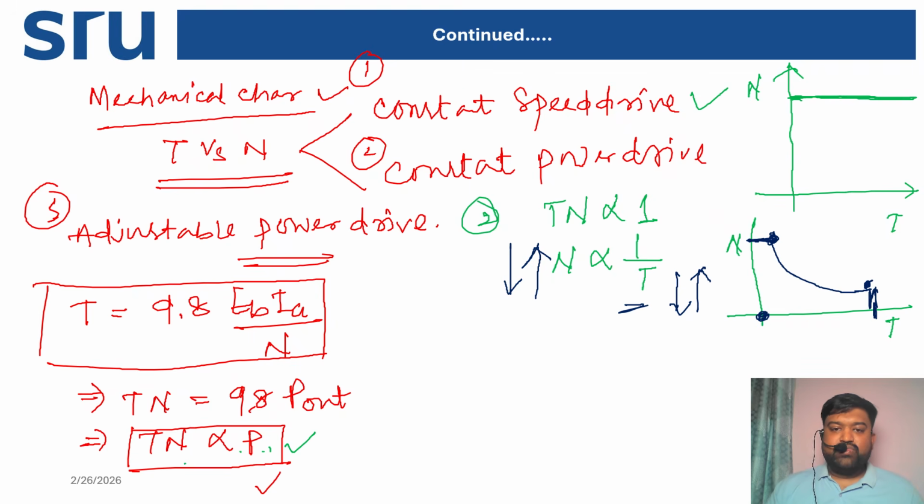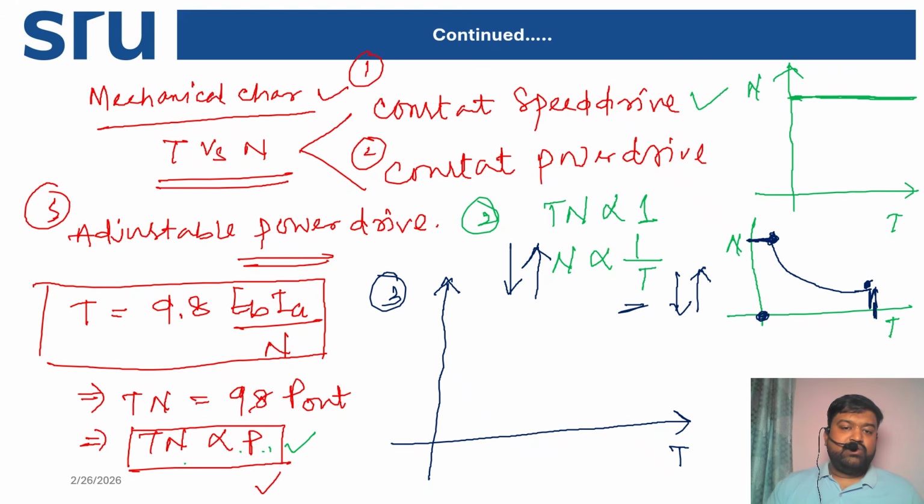Third point, we will do the adjustable power drive. In adjustable power drive, there are two conditions. You can put here torque, this is your speed and power. Now, in adjustable power drive, we divide this condition into two parts.